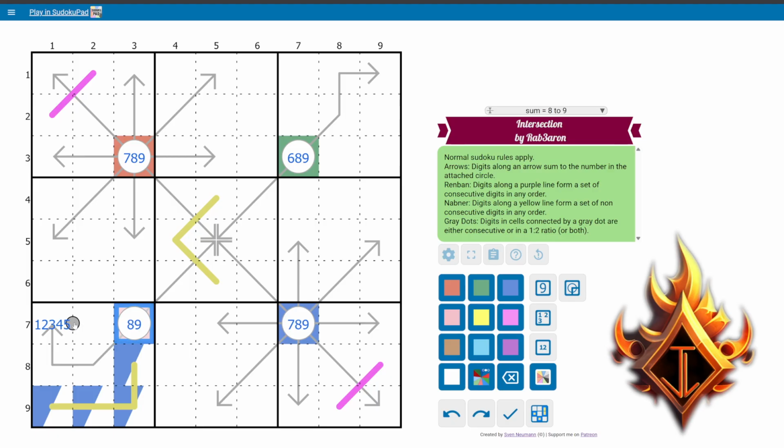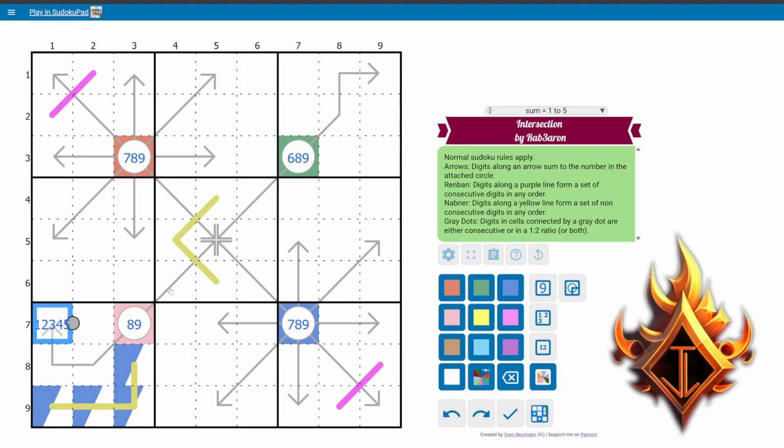Remember, that's consecutive or a 1 to 2 ratio. So if I end up with a 4 here, then 8 could go there and maybe avoid something potentially breaking with the, if it were a 5, for instance. But we shall see. If this is a 1 to 2 ratio, 5 cannot go there as well.